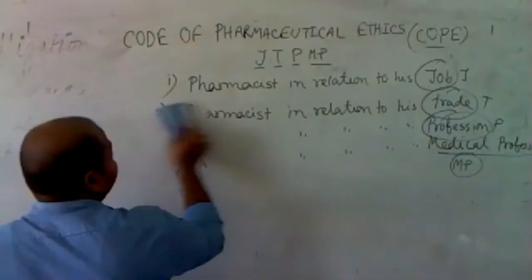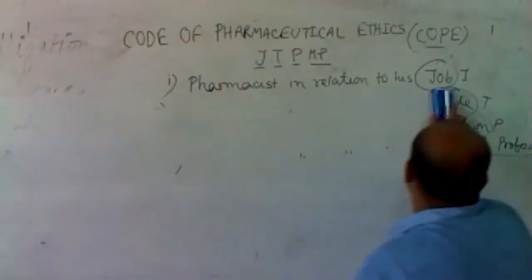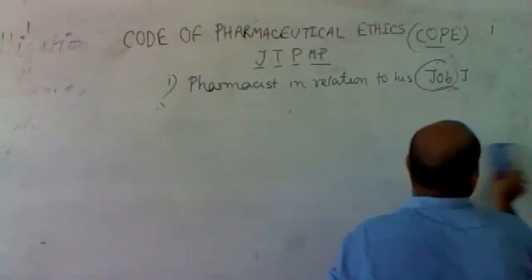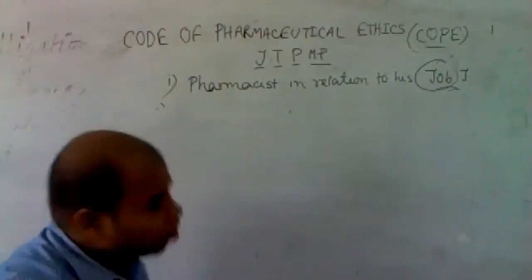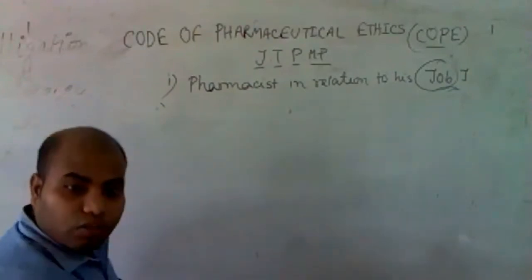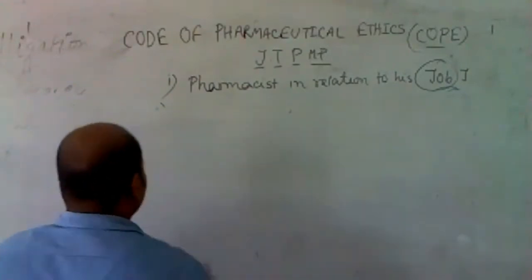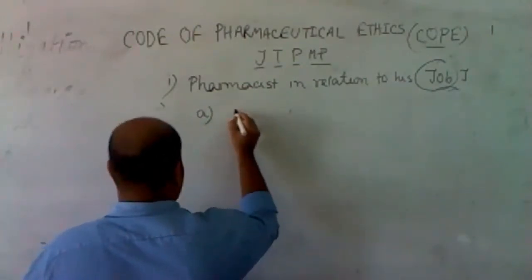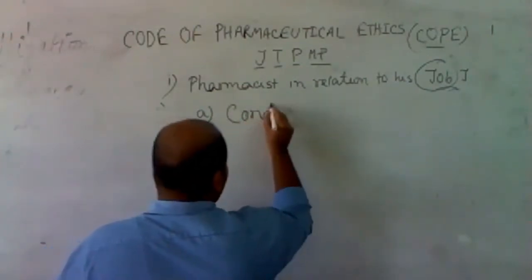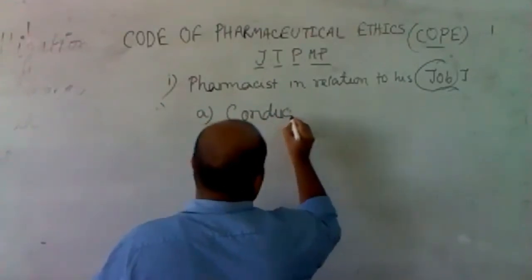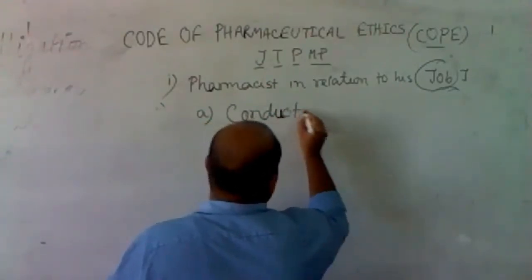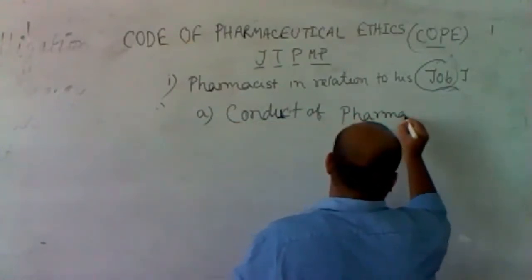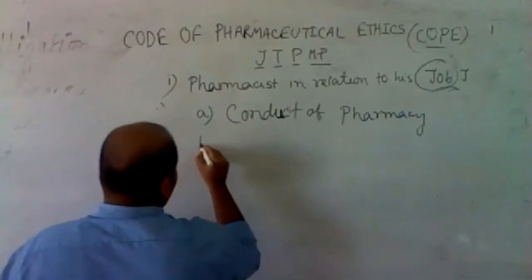The first one, that is pharmacist in relation to his job. So what are the responsibilities of a pharmacist towards his job? So firstly, we are classifying it: conduct of pharmacy.